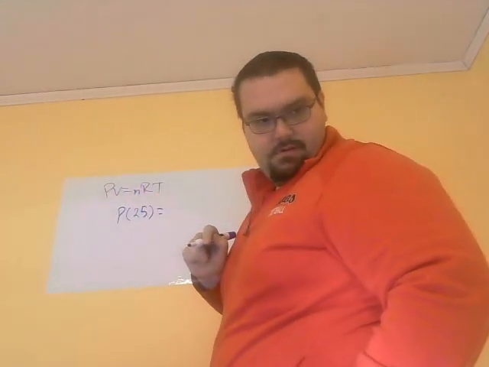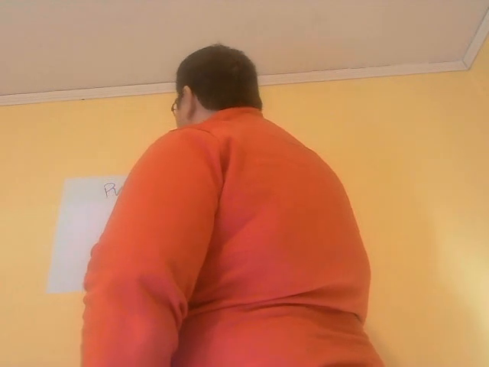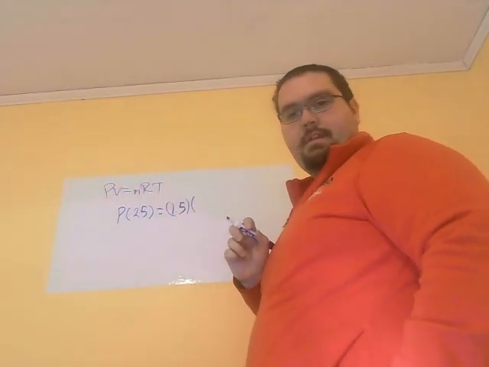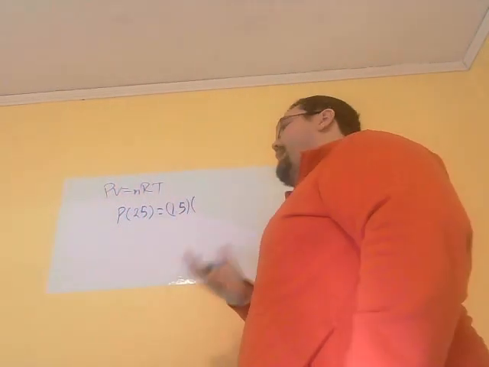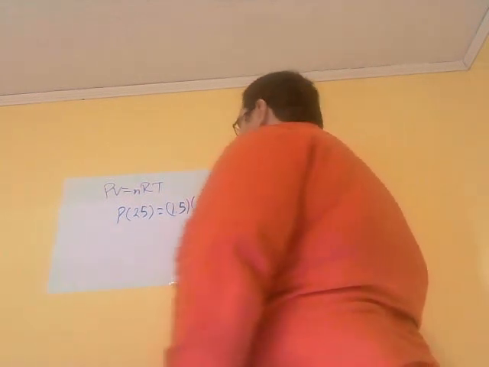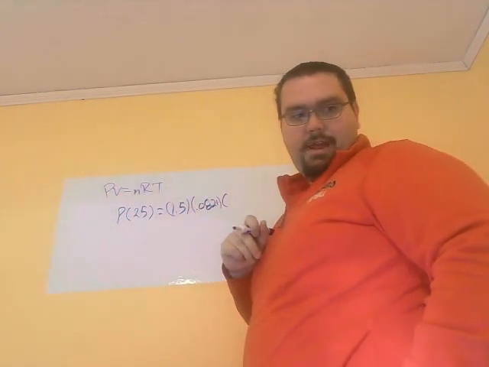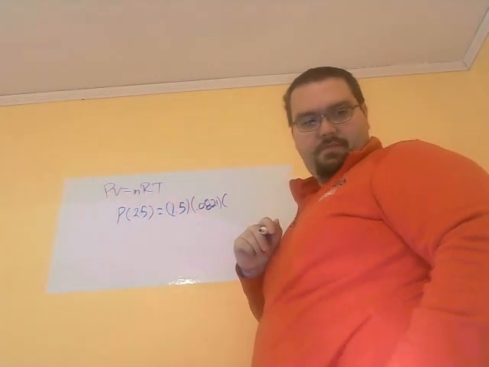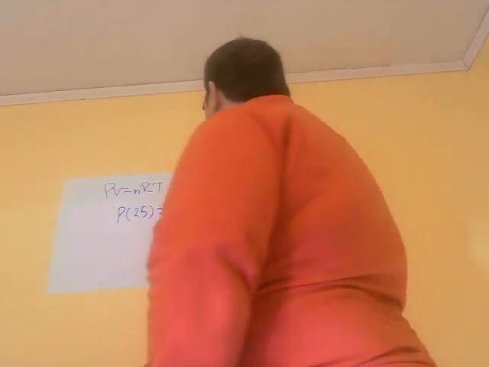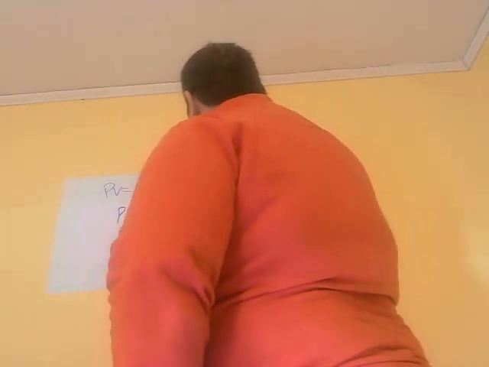So we get P times 25 equals 1.5, that's the moles of gas. I'm going to use the ideal gas constant for atmospheres, but you could use a kilopascal one if you wanted to. 0.0821. And then our temperature, we added 273 to 115 to get 388 Kelvin.